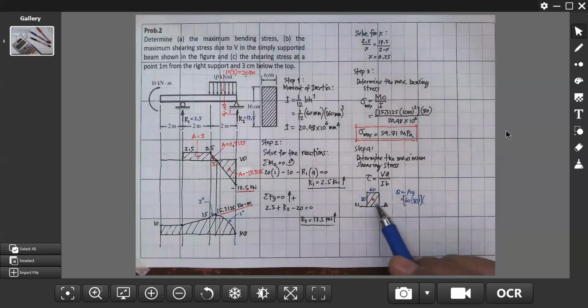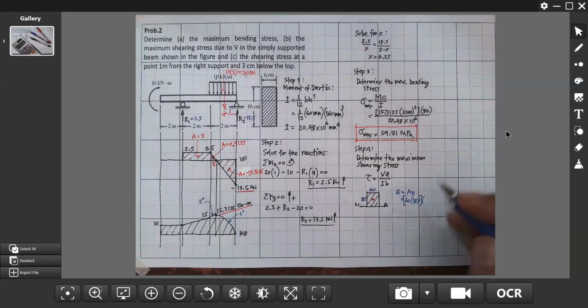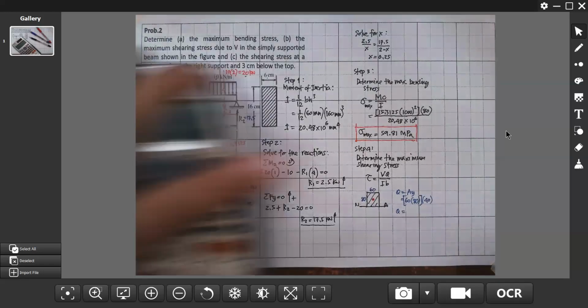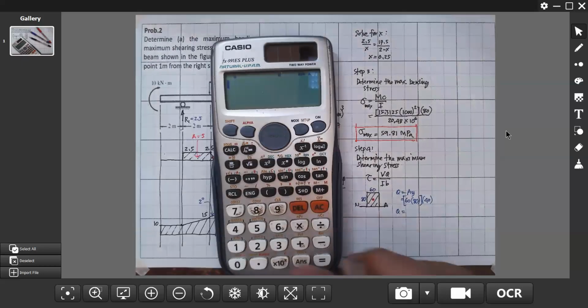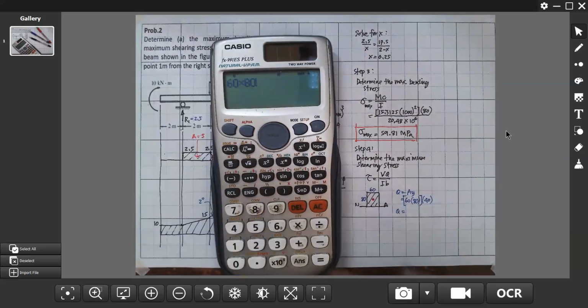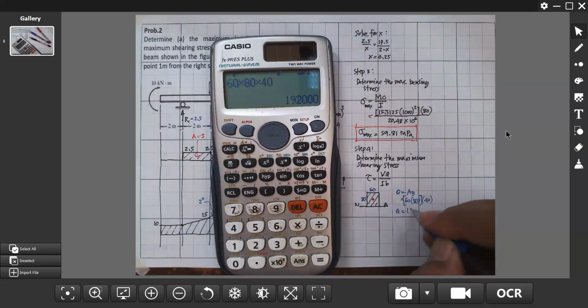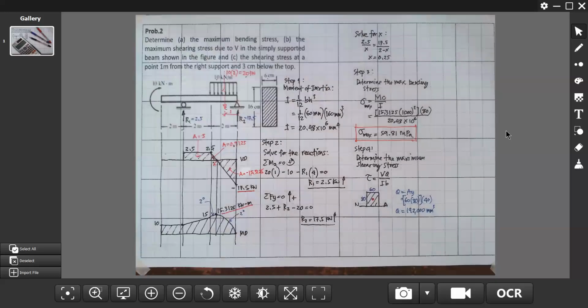Y is the distance of the centroid from the neutral axis, and that is 40. So Q is 60 times 80 times 40, that's 192 thousand millimeters cubed.